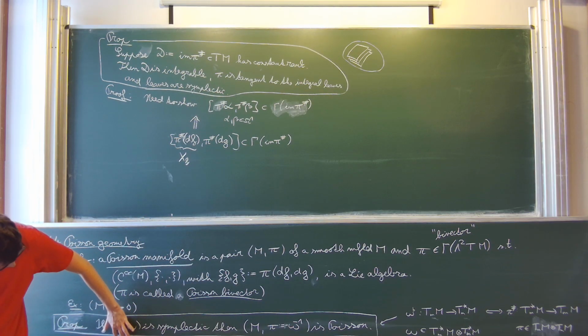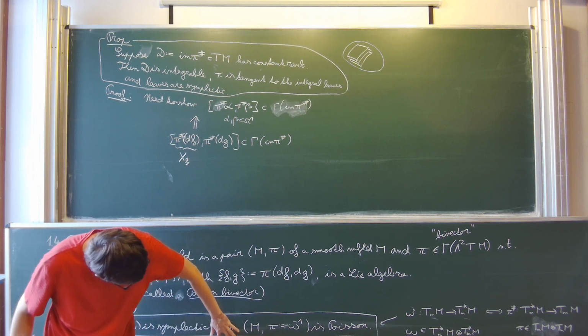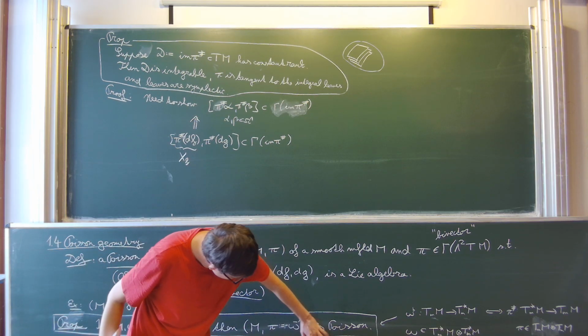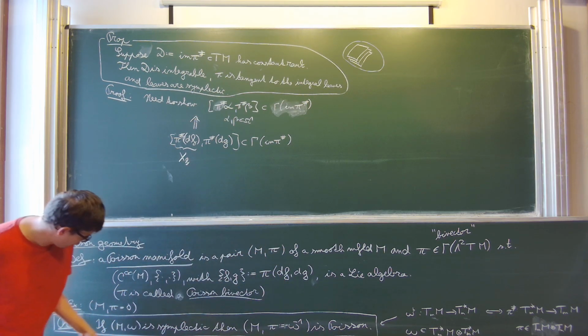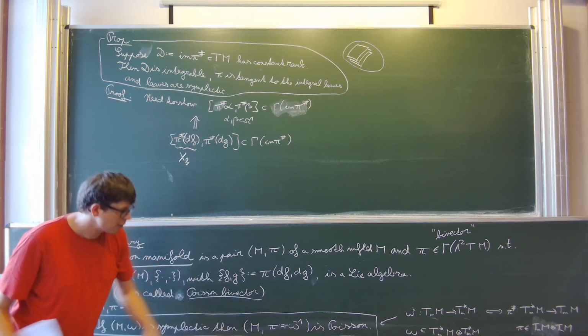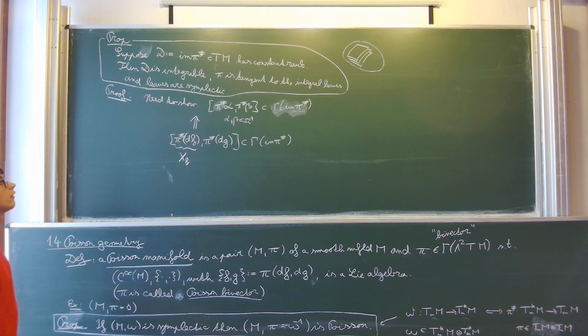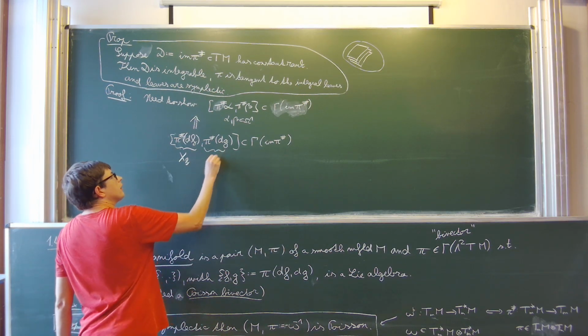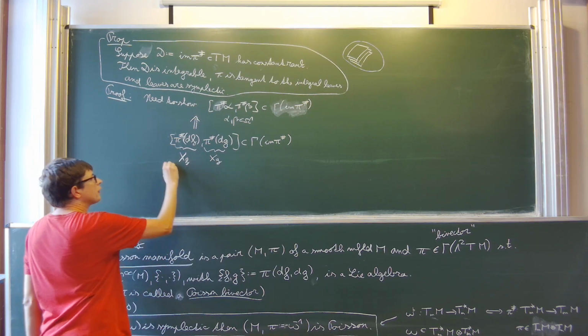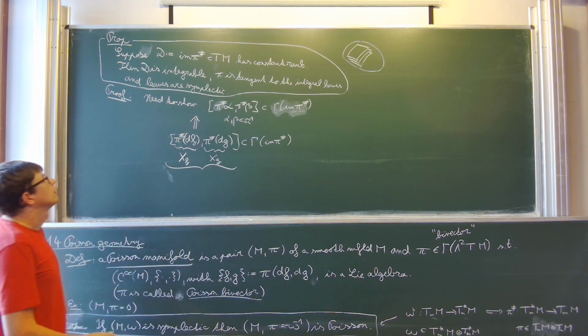Okay, so if you ignore the dg, then what we did is that we looked here, and then here, and then we added the dg. So filling in the df in the first slot is the same as taking the Hamiltonian vector field. And so the same thing in here. And hence we know that the commutator of two such things.